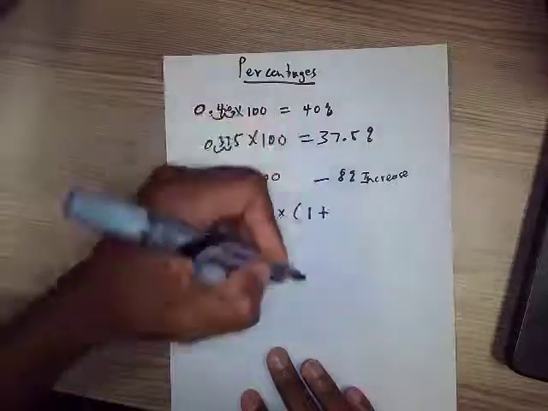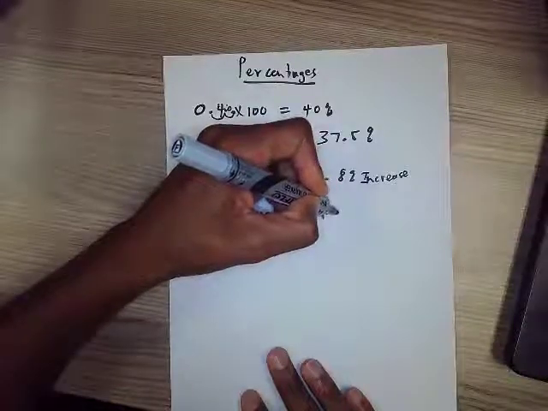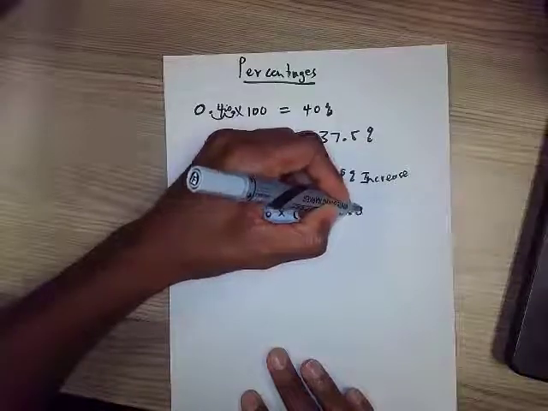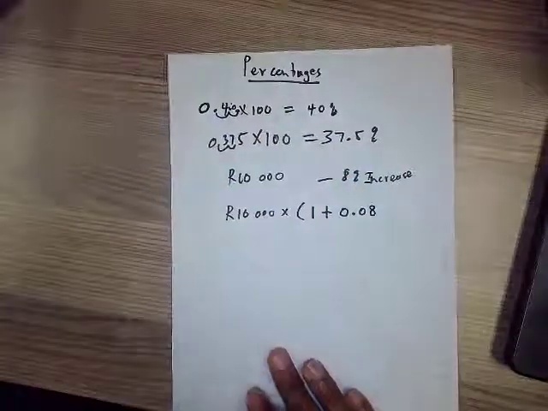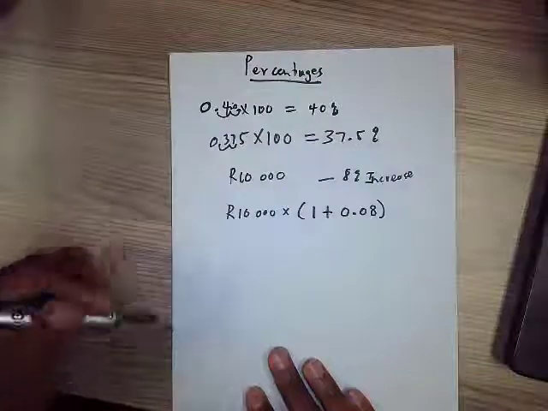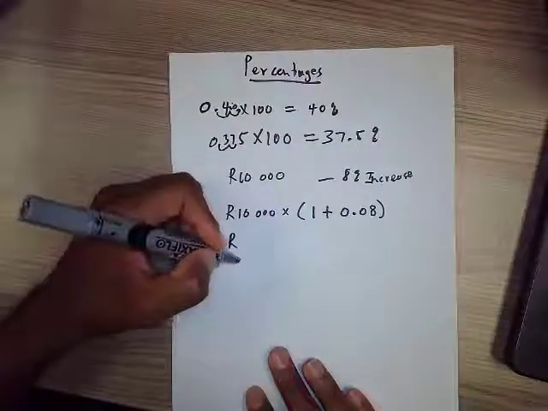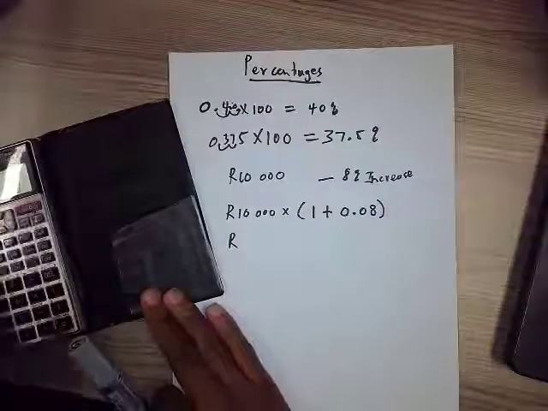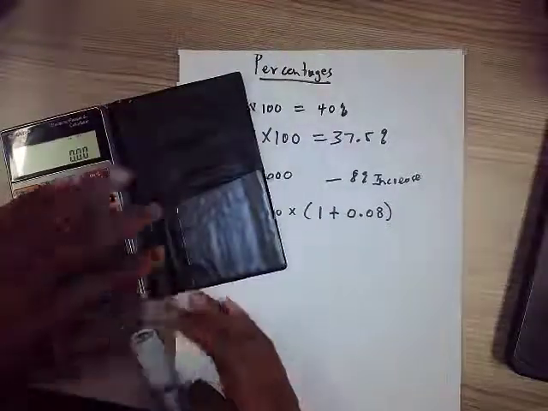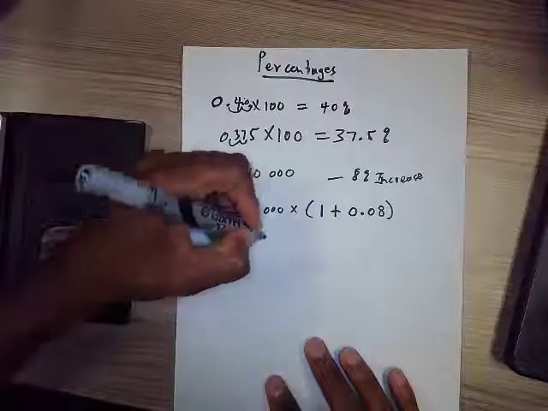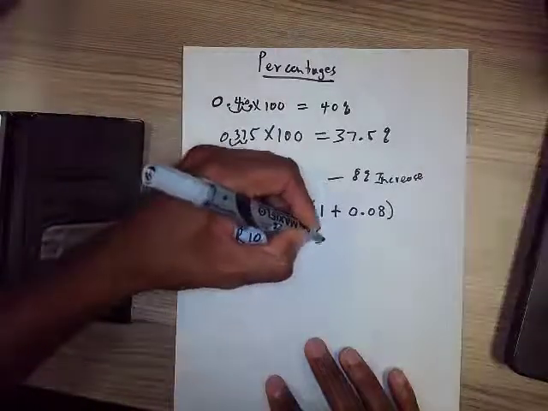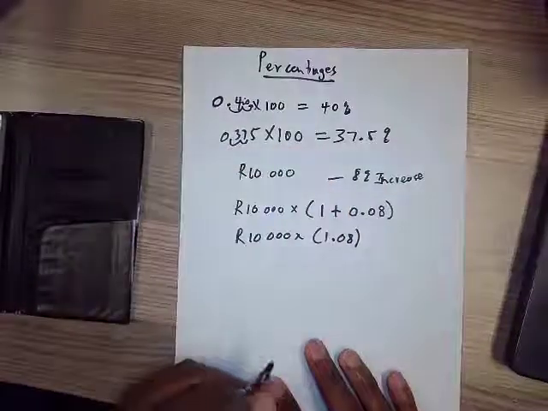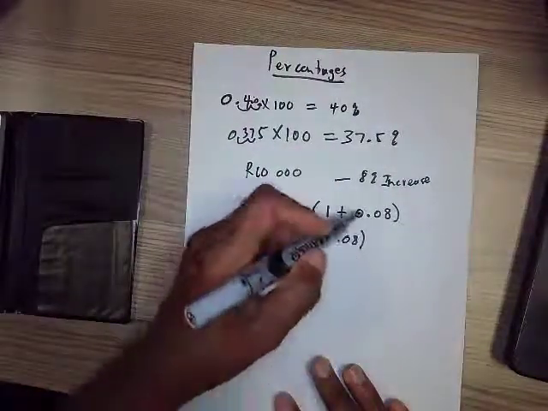But you add after a comma 0.08, right? Let me just go through the whole process. 1.08, right? Because if you add that, it's 1.08.